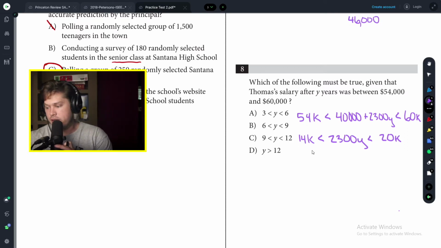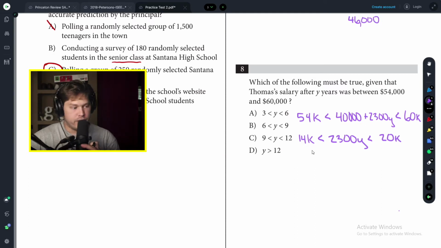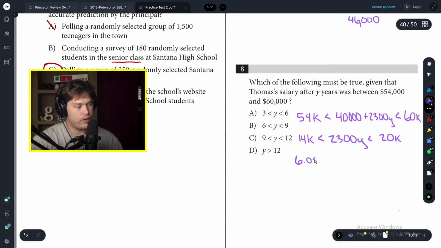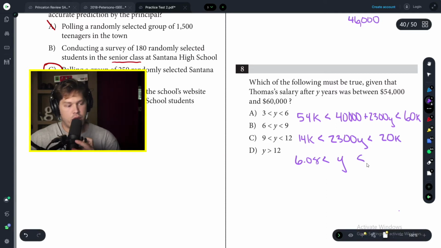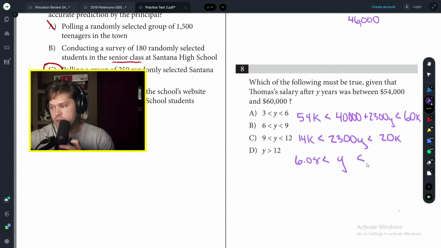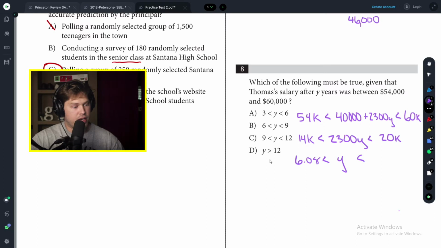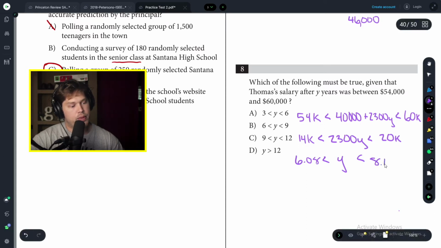14,000 divided by 2,300 is 6.08, and some change. And then 20K divided by 2,300, let's see what that is. 20,000 divided by 2,300 is 8.69.